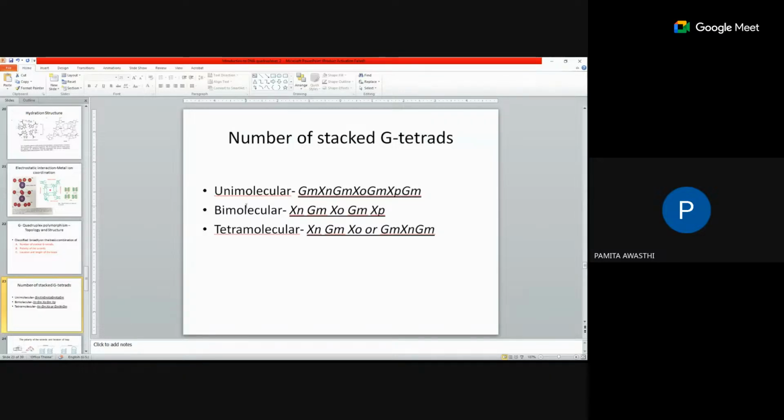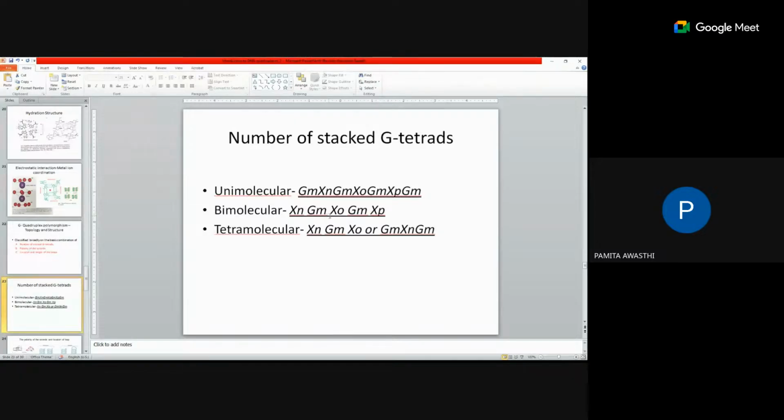In case of bimolecular, which is also called dimeric, as well as tetramolecular, the 2 strands can be equal or non-equal sequences, which has been observed till date by various experimental studies. Again, the same terminology where Xn and X0 are the same.